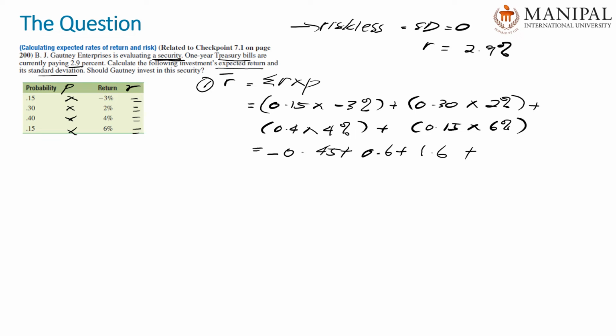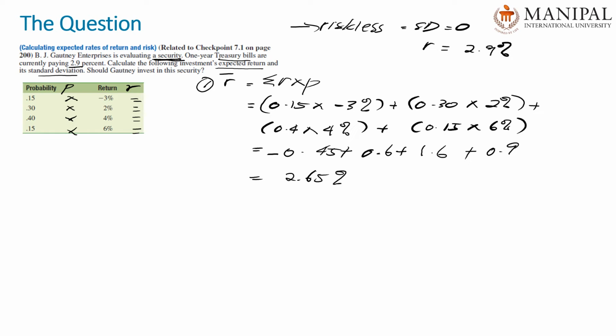You have to remember all these are percentages, so eventually you are going to get a percentage answer. Then you add them all up: negative 0.45, plus 0.6, plus 1.6, plus 0.9, you are going to get 2.65%. So that is your expected rate of return.